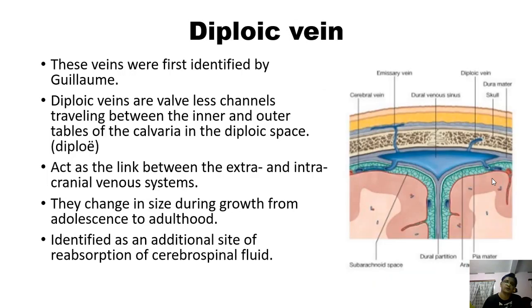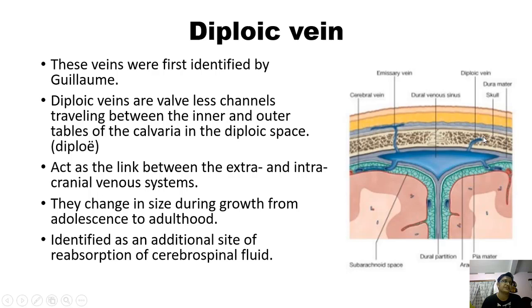So coming to the diploic vein, it is actually quite a vast topic which is not covered under scalp, but still it's a part of a scalp, so I've added most of the portion of it in this. So these veins were first identified by Guillaume. So these diploic veins are valveless channels traveling between the inner and outer tables of the calvaria in the diploic space.